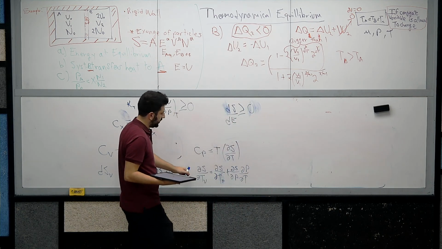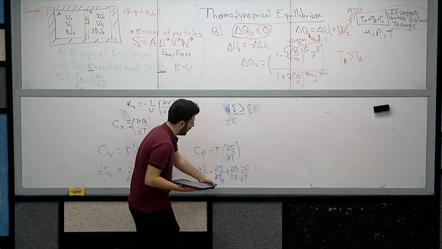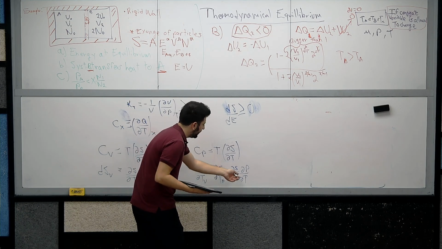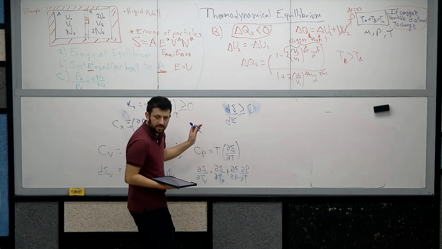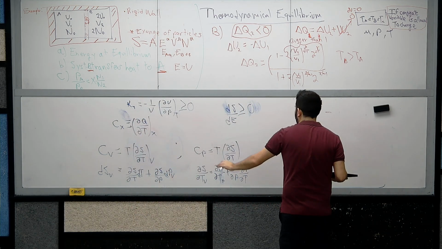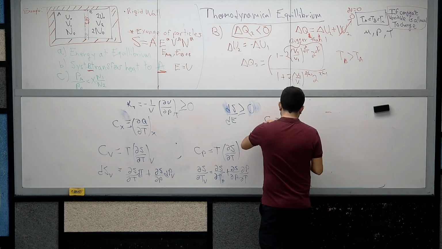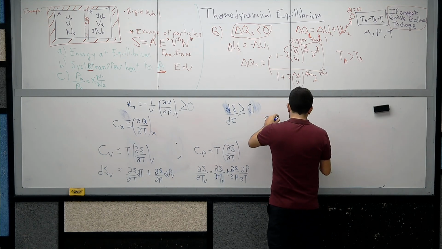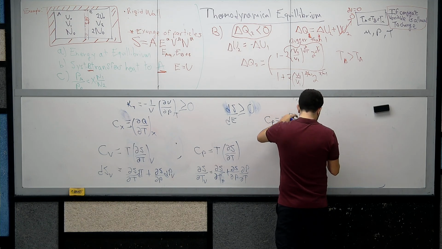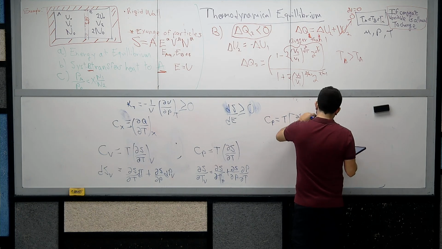The S must depend on P and T. It can depend directly on T, or it can depend on T by means of P, right? This is like in mechanics, you did something like this a lot of times. And then you can write that the heat capacity at constant pressure can be expressed as dS to dT at constant volume and dS to dP.